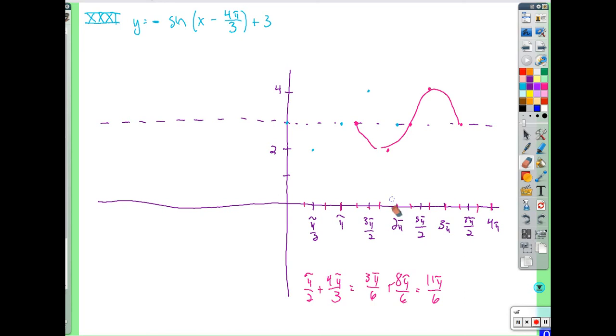So that's wrong. And this one should be, it moved from 3 pi over 2. Okay, so 3 pi over 2 plus 4 pi over 3 is moving 4 pi over 3 to the right. Get a common denominator of 6, so that's going to be 9 pi over 6 plus 8 pi over 6.